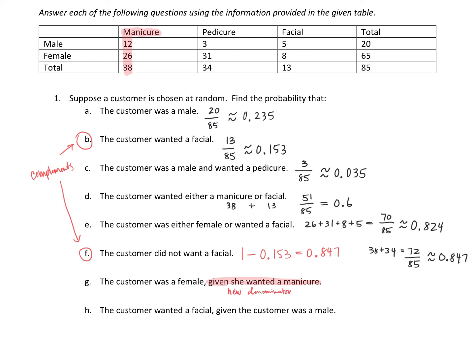How many total people wanted a manicure? Well, that was 38. So 38 is now our denominator. And we want to know, given that, what was the probability that it was a female? Well, there were 26 females. So 26 over 38 is going to be the fraction. We can either reduce that fraction or write it in decimal form, and that'll be 0.684.